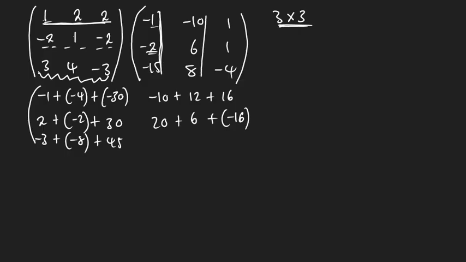So now I go to the zigzag. 3 multiplied by negative 10 is negative 30, plus 4 multiplied by 6, 24. Negative 3 multiplied by 8 is negative 24.